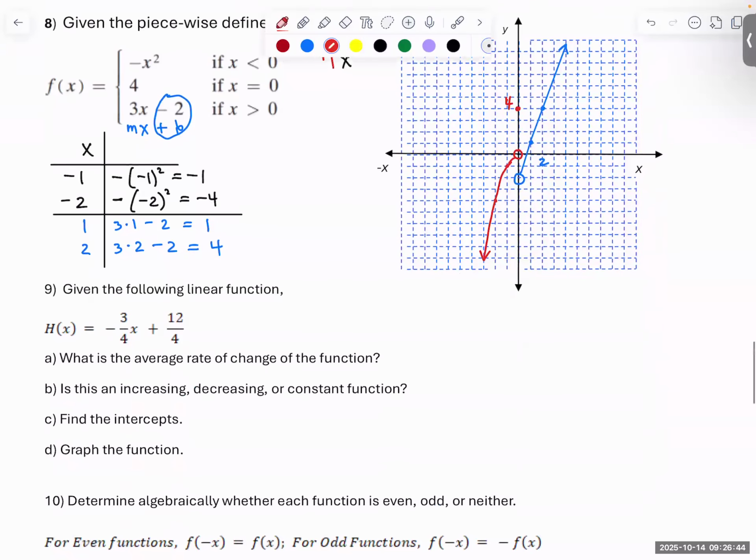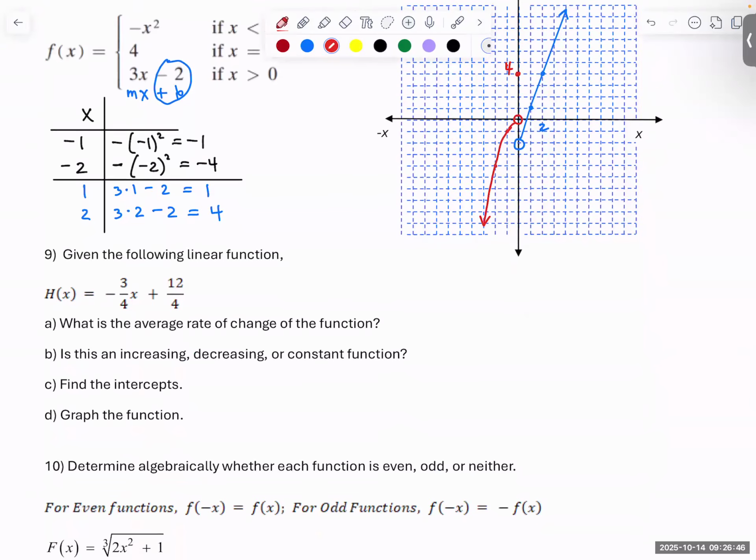Review number 9, which is essentially an algebra problem, except that the new concepts are function notation h of x, which means essentially the function value or the y value. And the other new concept is average rate of change of the function.